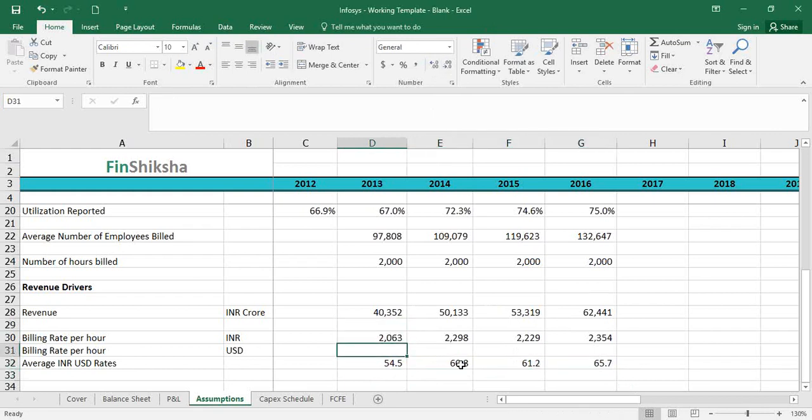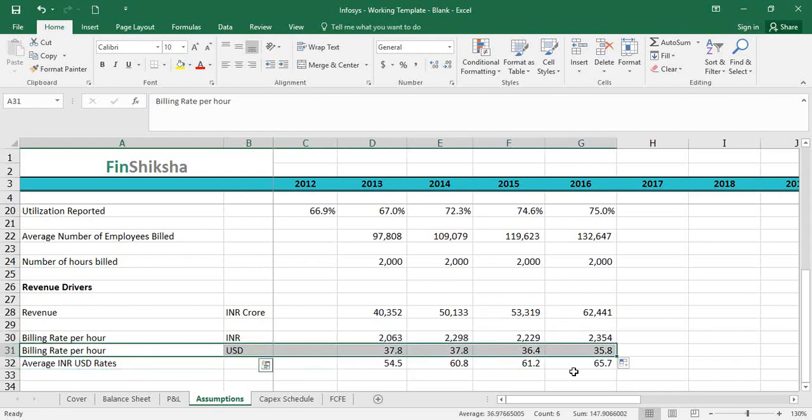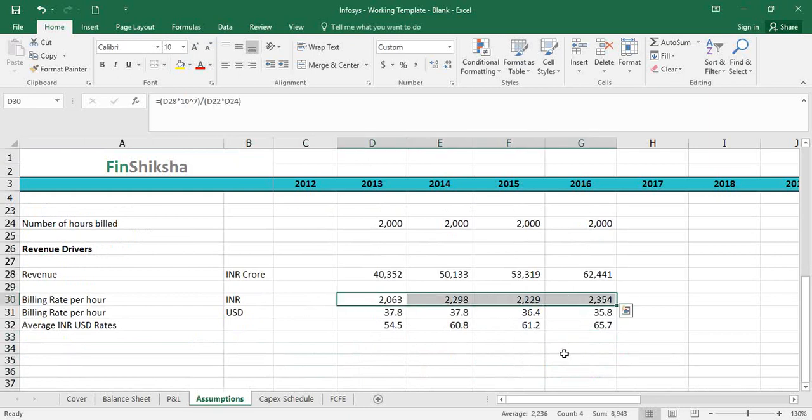Now can I find the billing rate per hour in terms of USD? I can just divide it with the INR USD rate, and that's my billing rate per hour in dollar terms for the 4 years. And we will note that the billing rate per hour has actually gone down, right? Now that's interesting because while the billing rate per hour in rupee terms seems to be going up, from 2000 to 2300, it seems to be going down in dollar terms.